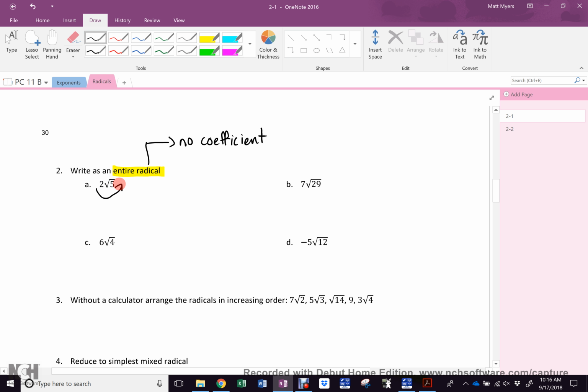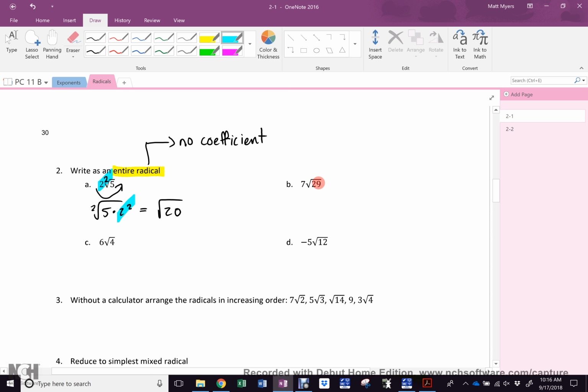How many 2's? 2, because this little index here should have been a 2. So this is really the square root of 5 times 2 squared, because there had to be 2 2's under there, yes? 5 times 2 squared is the root of 20. Now, you should already have seen a little shortcut. If there is a coefficient out front and an index of 2, we put that coefficient squared underneath, didn't we?